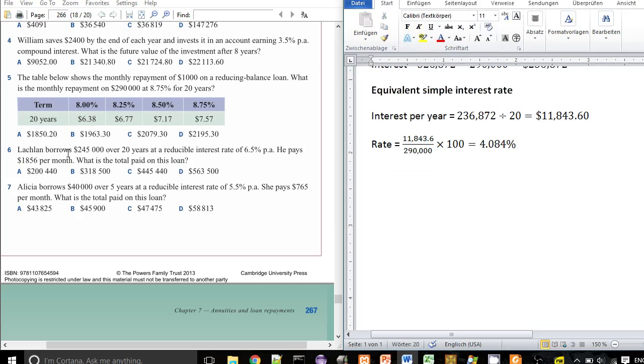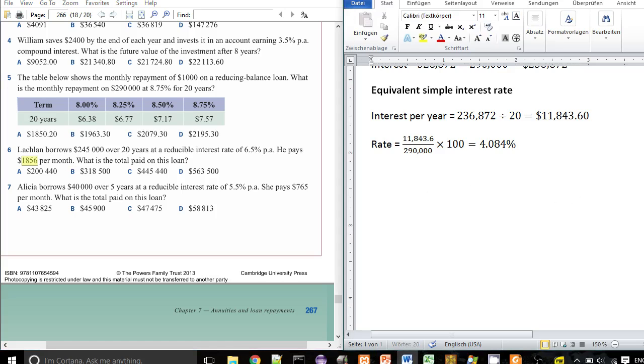Alright, Lachlan borrows 245,000 over 20 years. Okay, again it's 20 years, so it's the same. Okay, this is a separate question. I was thinking we have to use the table. Okay, he pays this much per month. All it's asking for is the total paid. So you only have to take this number and times it by 20 years and 12 per month.